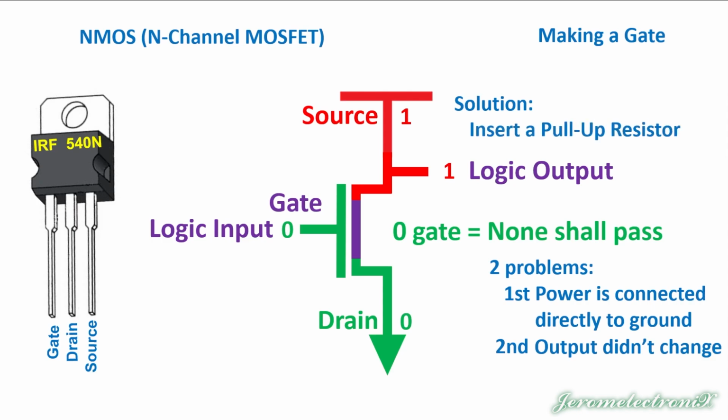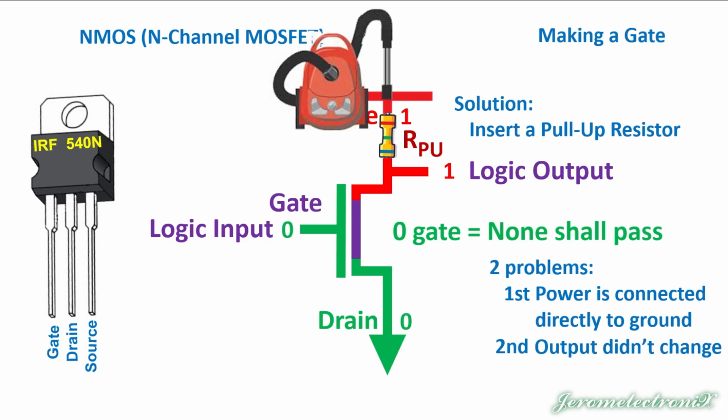And we're going to do that by putting in what's called a pull-up resistor. That pull-up resistor is right there, and the reason we call it a pull-up resistor is because the pressure is a pull pressure. We sometimes think of the pressure on a circuit as a push pressure, but that pressure is a pull pressure, like putting a vacuum cleaner onto this circuit.